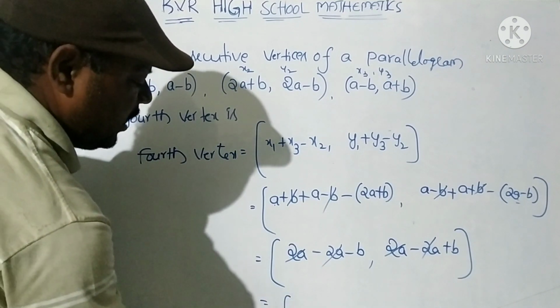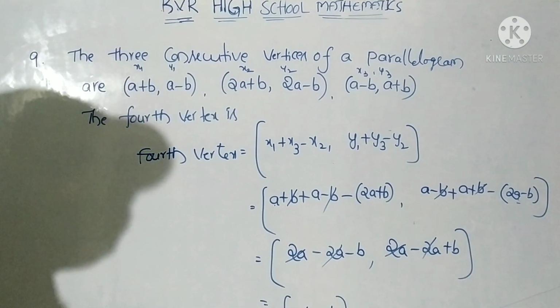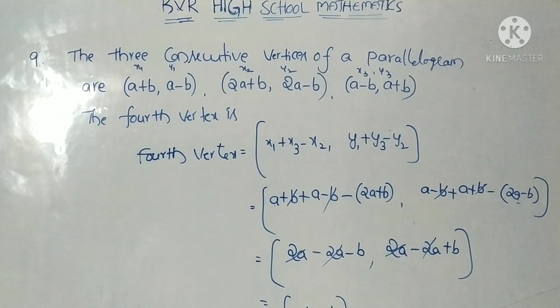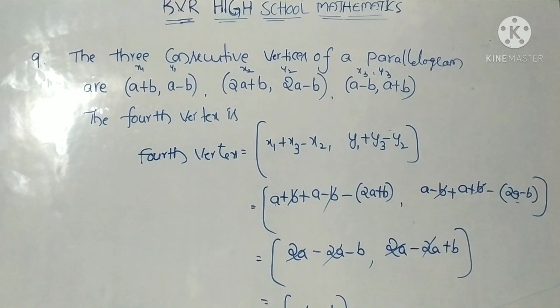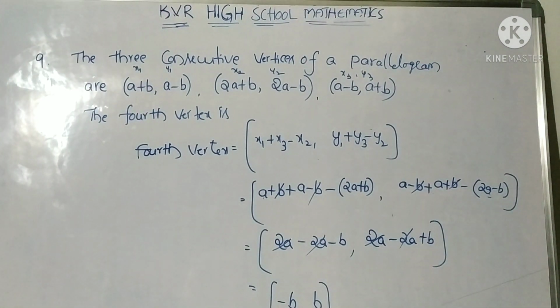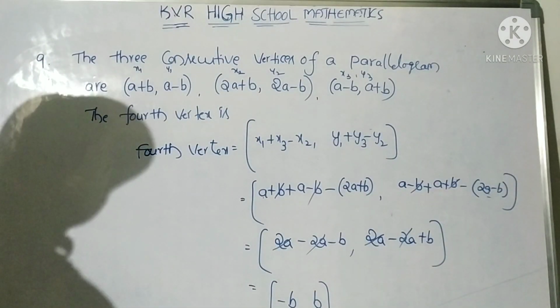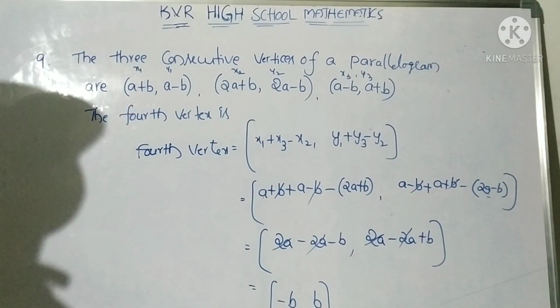So the result is minus b comma plus b. So the fourth vertex of the parallelogram is minus b comma plus b. That is the direct short formula to find the fourth vertex of a parallelogram.